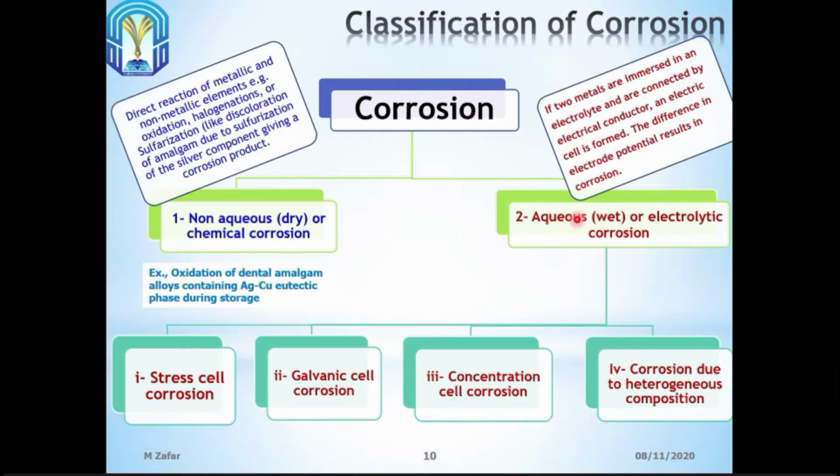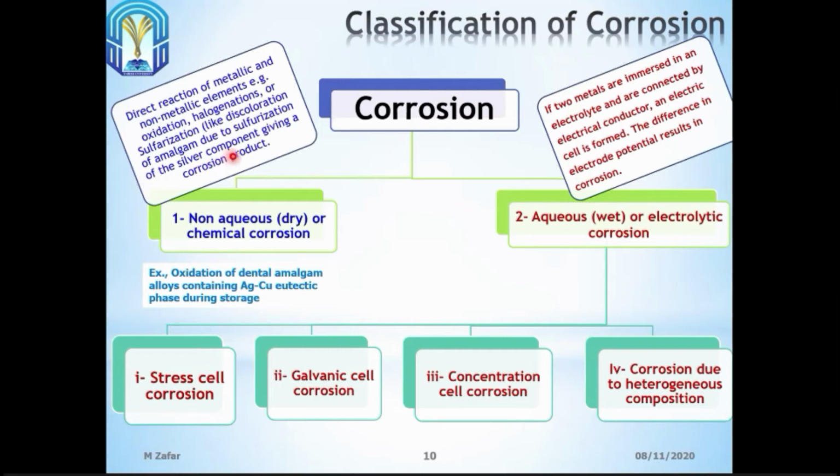We are going a little bit deeper into corrosion, and I will try to explain various aspects. In dry corrosion, there is simple oxidation or sulfurization. This happens in dry environment and is only related to our materials before use. For example, if we have amalgam, not in a bottle, it might oxidize. The silver component gets corrosion product.